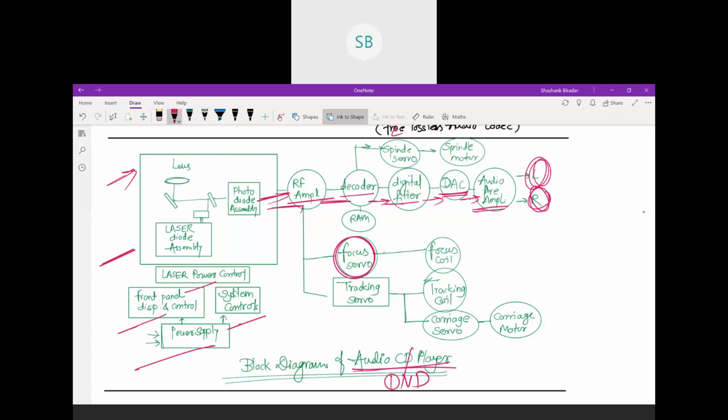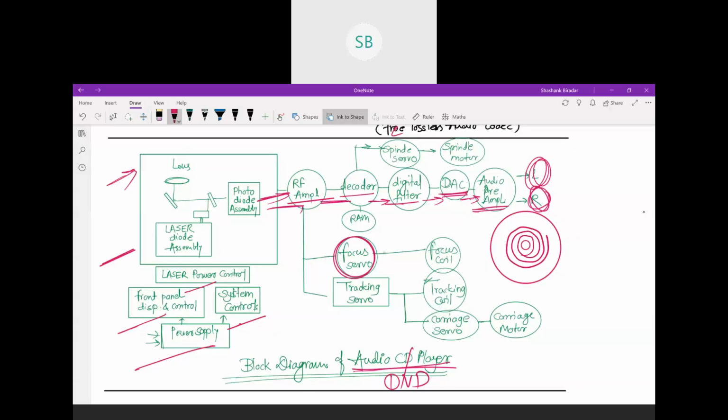If you consider this CD, suppose these are the tracks, and I want to focus at this point and this point and this point, my laser detector should move in this direction, either upside or downside, so as to read the track. To move that, we have the tracking servo, right?